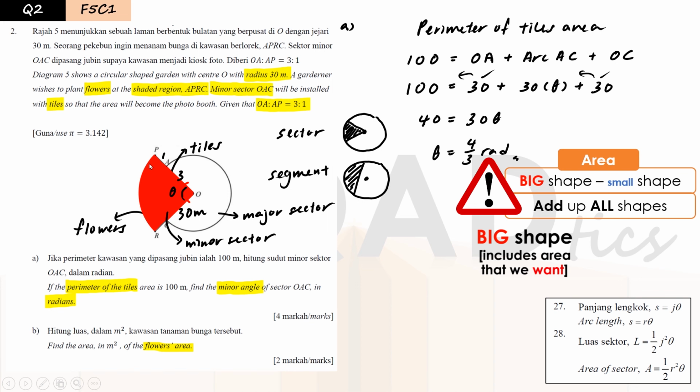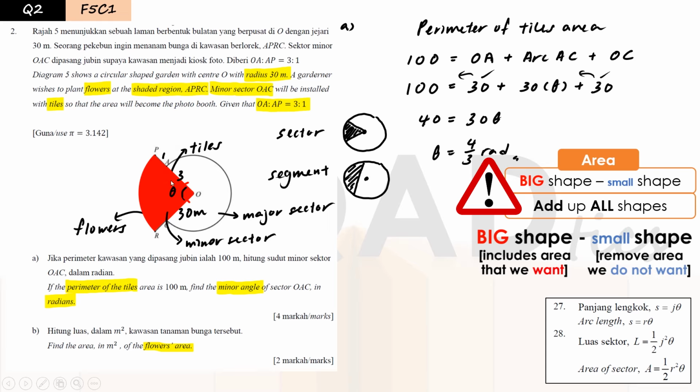But of course, if we want to find the area, we cannot just simply take the entire thing. We need to remove some parts of the big shape. This is where the small shape comes in. It is the recognizable shape that I want to remove from the big shape.